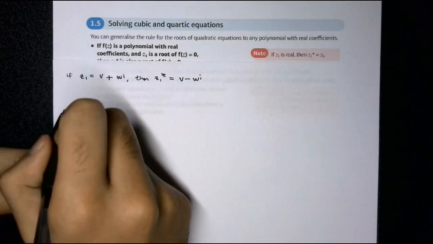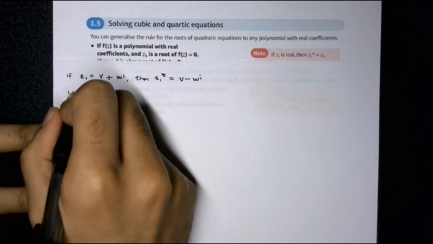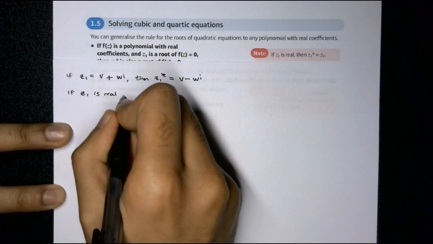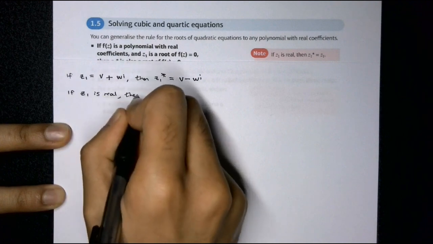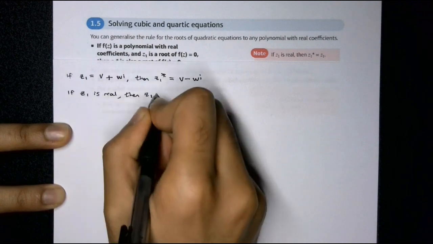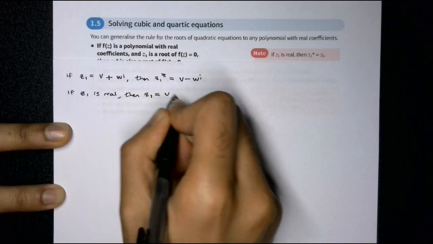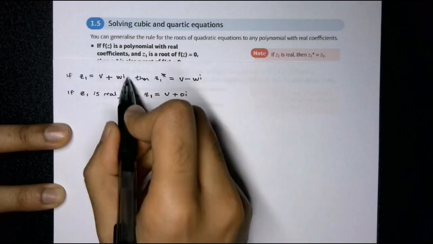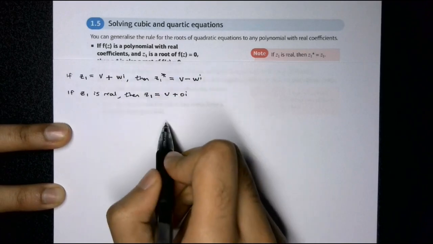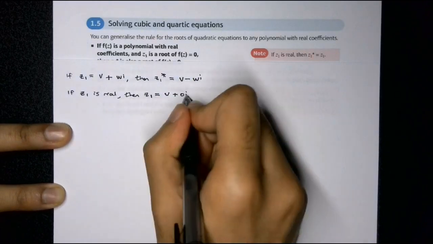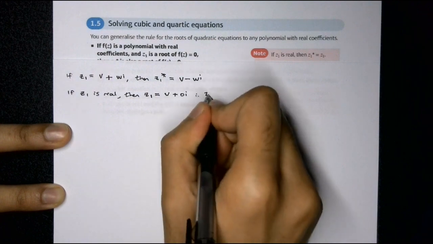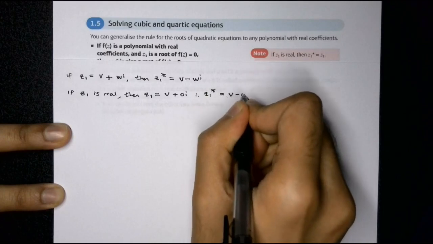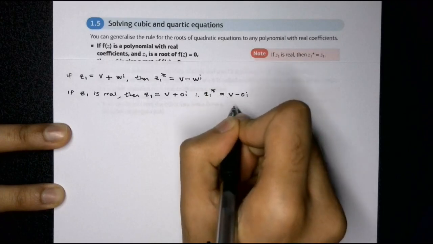If z1 is a real number, then z1 will equal v plus 0i. Of course, the imaginary part will be 0. And this implies that z1 star is equal to v minus 0i.